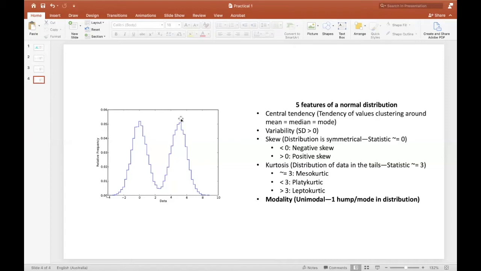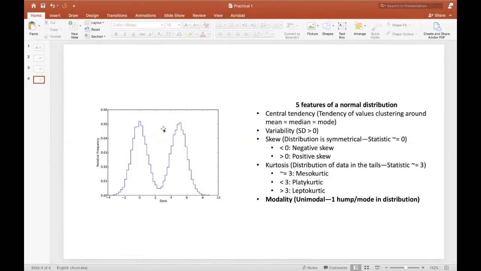This is really important because not only do we have two seemingly distinct distributions going on in this data set, but our mean is also not really going to be representative of the sample. So our mean would actually be around this dip here. And same with our potential median, whereas we have two distinct modes.